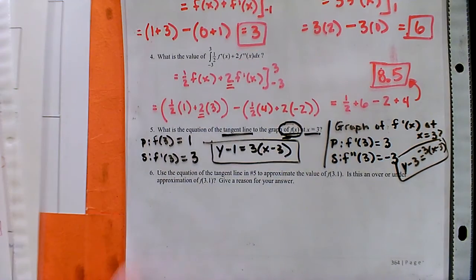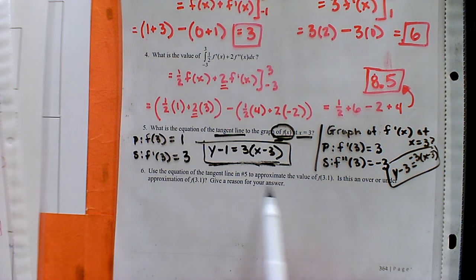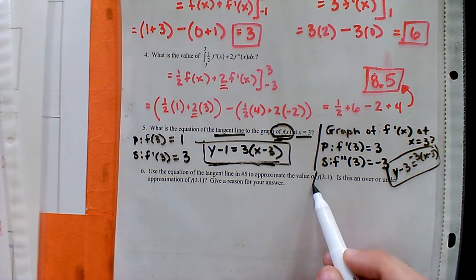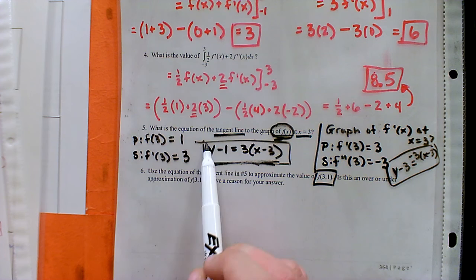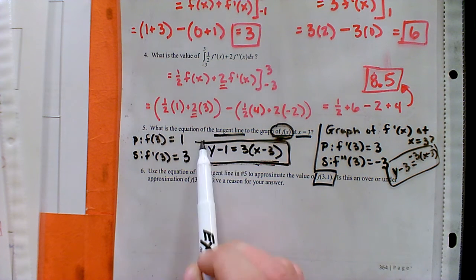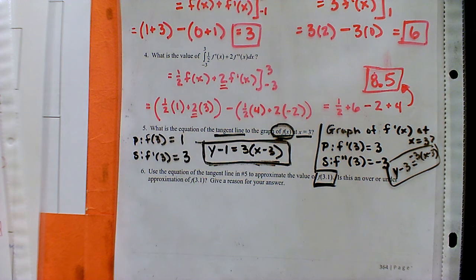All right, let's try the last one. Use the equation of the tangent line in number 5, the first one that we did, to approximate the value of f of 3.1. Is this an over or an underestimate? How do you think we can use this tangent line to make an approximation?